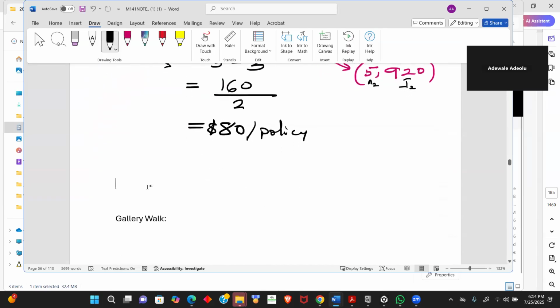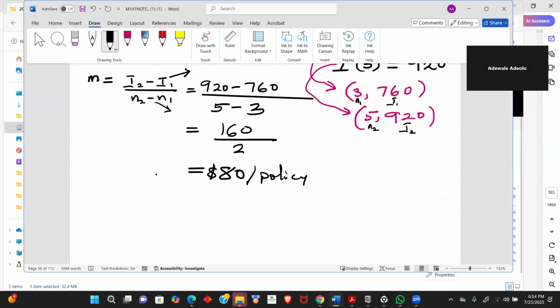Now, having found that, remember, I can pick any point. Since I know my slope is 80, I can pick one of these 2 points. I showed you the other time that any one will work. So pick any point, 760. Then I use my slope point form.